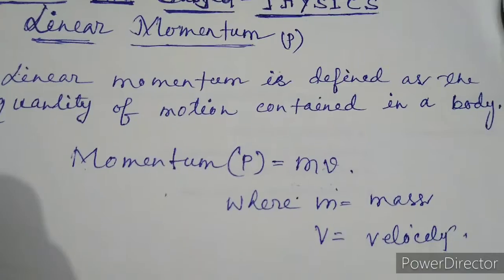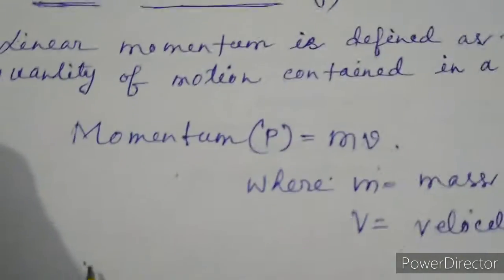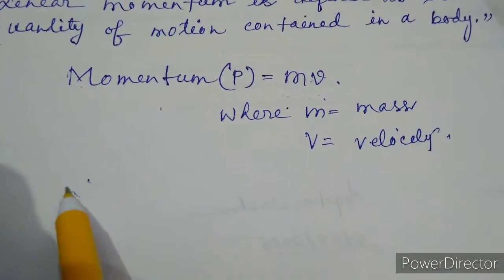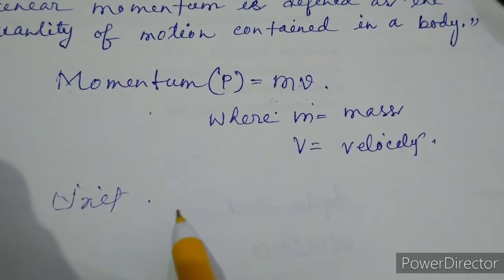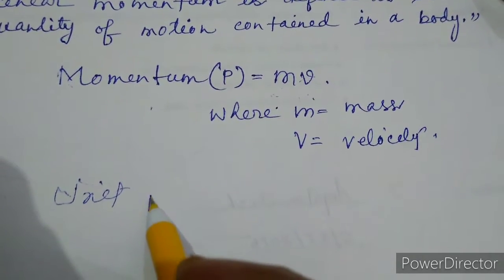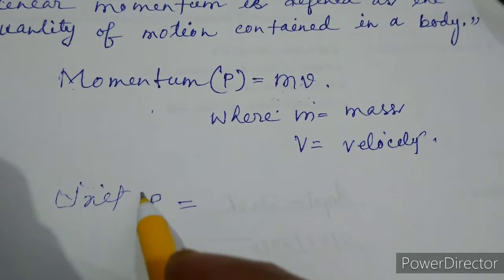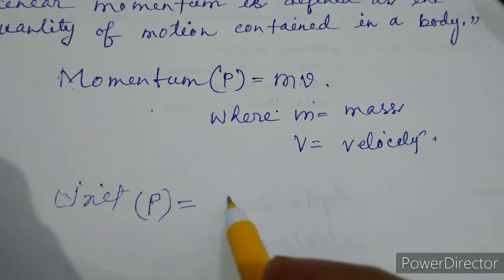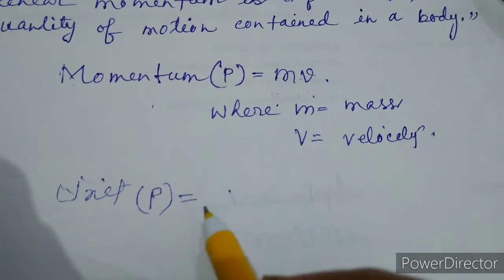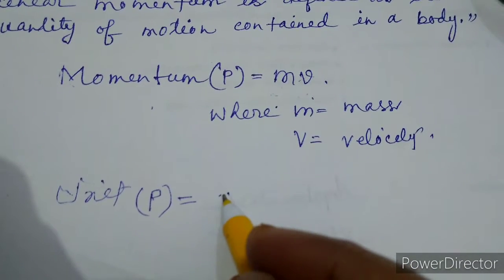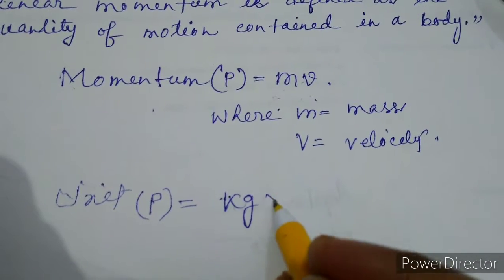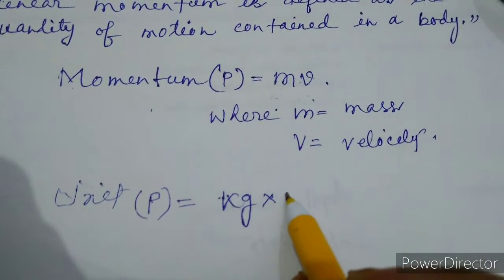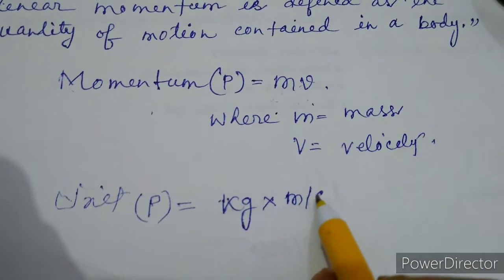Now what is its unit? Whenever you find the unit of P, since it is m into v, the unit of mass is kg and the unit of velocity is meter per second.